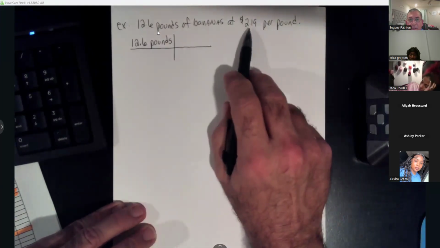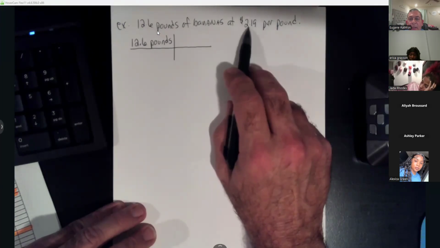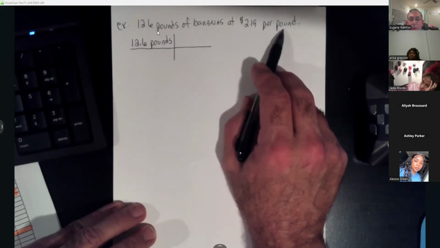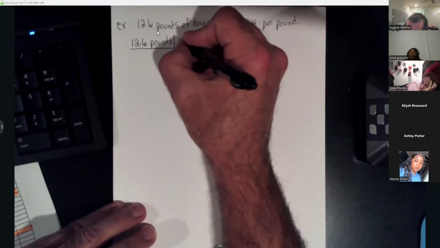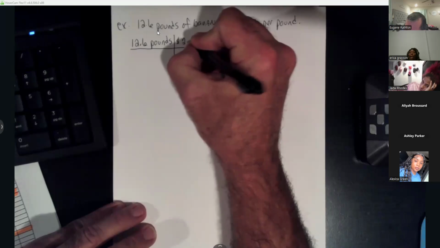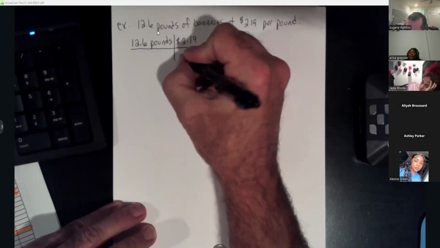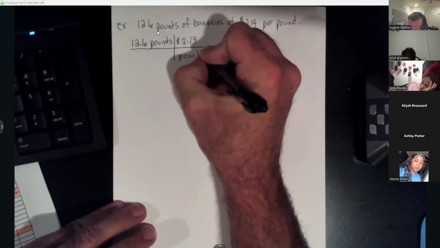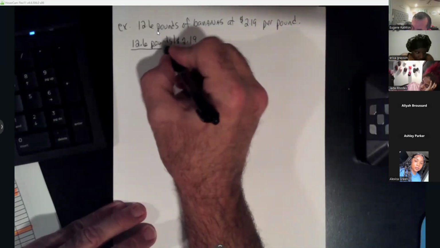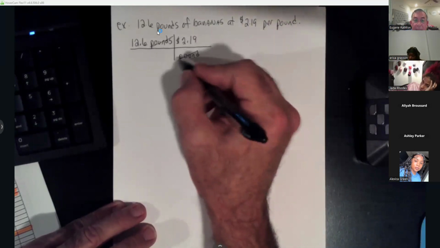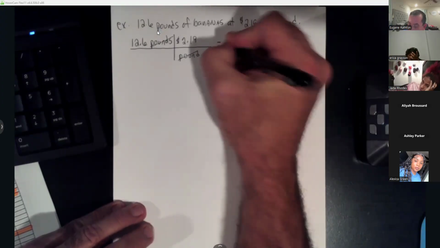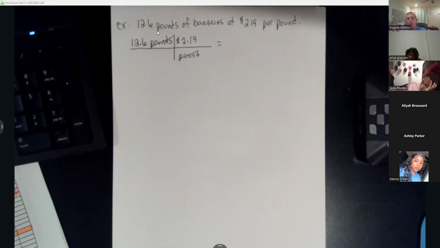They told me the price was $2.19 per pound. So notice what's happening: the pounds are going to cancel, and I'm going to end up with the dollar amount, which is what I needed. So we're going to multiply that.